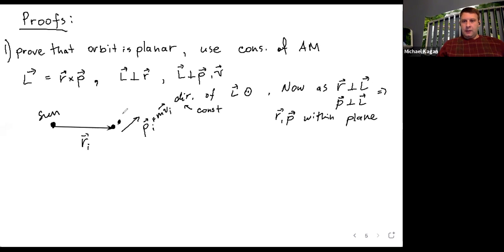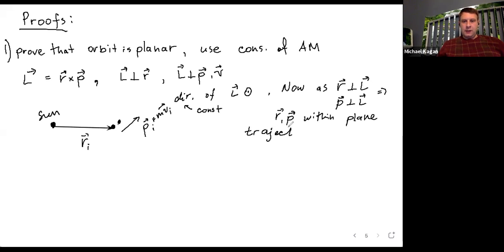Okay. And the thing repeats. If P is within the plane, that means V is within the plane, and the next change in R is also within the plane. So R always stays in the plane, and through this, it implies that P stays within the plane. Okay? So the whole trajectory has to be within that plane.